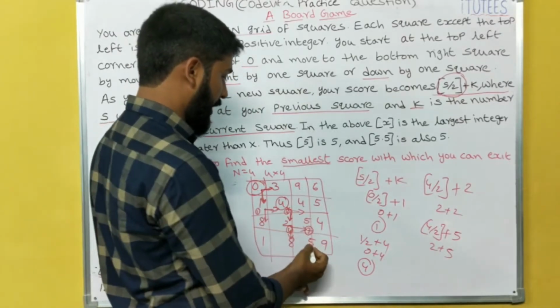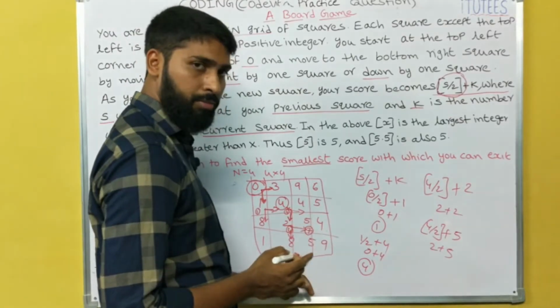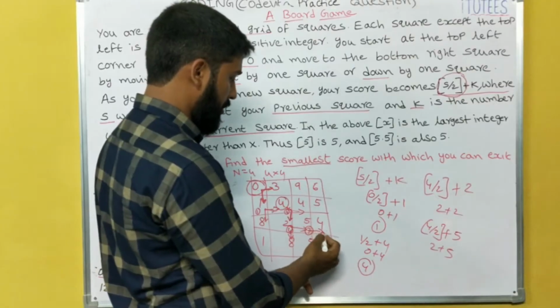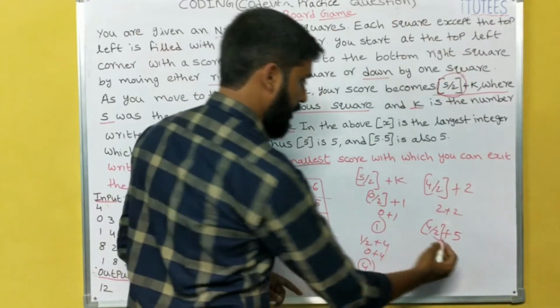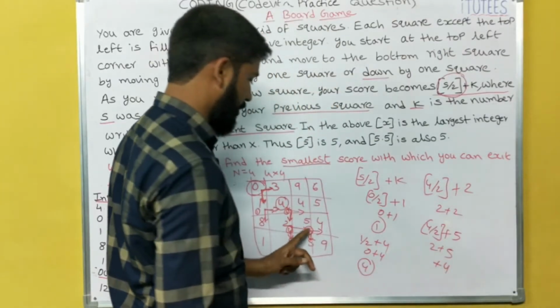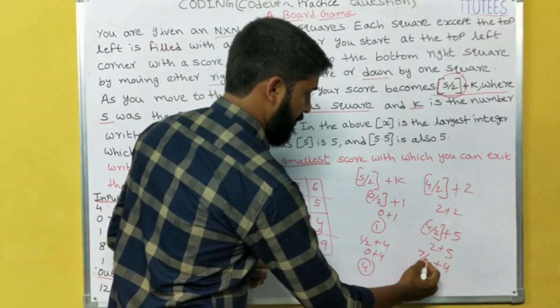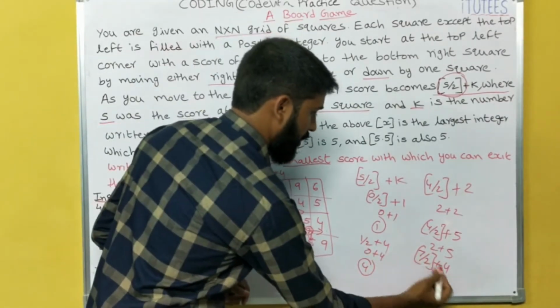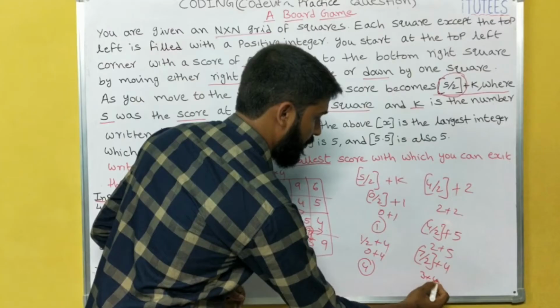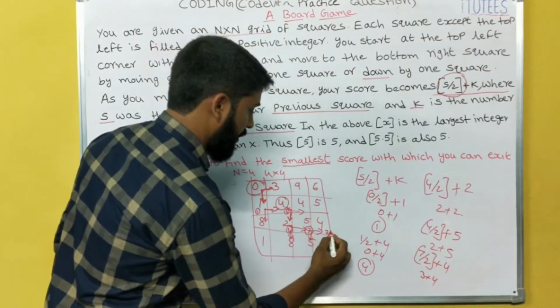So next, this is the 5. This is the 4. So right and down, I can move right. So that is the 4. So what is the current value? 7 by 2. So 7 by 2 means 3 plus 4, that equals 7.